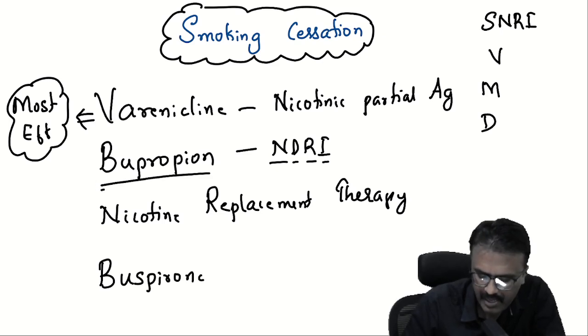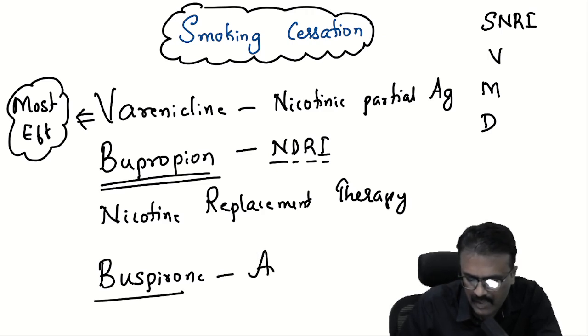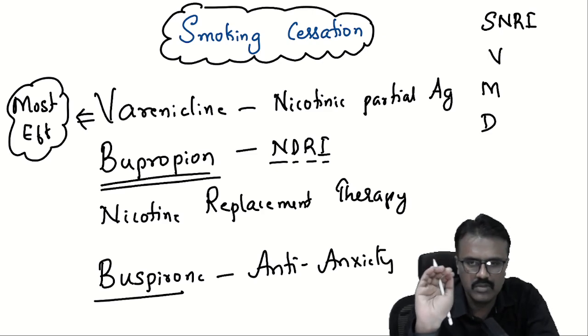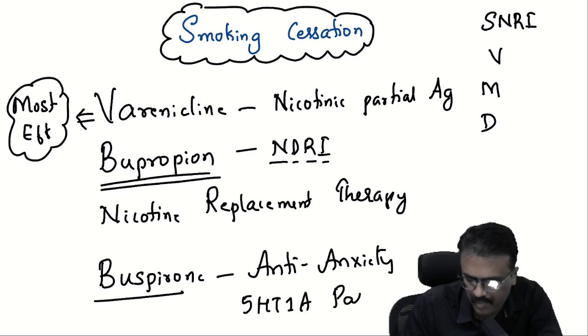Bupropion is an antidepressant. It is called an atypical antidepressant, which is also used for smoking cessation. Buspirone is an anti-anxiety drug. Remember bus, who will do the bus sound? Snake. So when you see the snake, anxiety, so buspirone is for anxiety. It's a 5-HT 1A partial agonist.